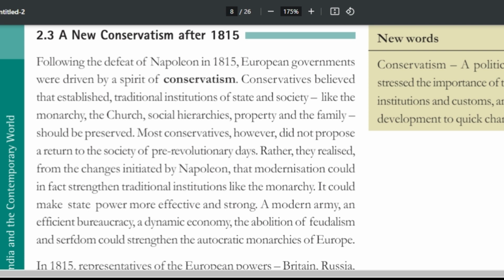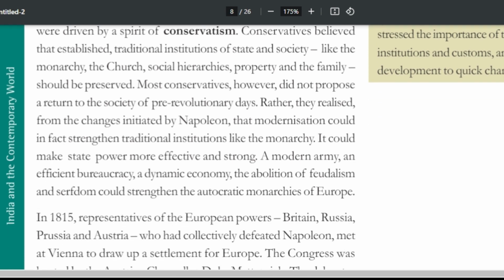Most conservatives, however, did not propose a return to the society of pre-revolutionary days. Rather, they realized from the changes initiated by Napoleon that modernization could, in fact, strengthen traditional institutions like the monarchy. It could make state power more effective and strong.